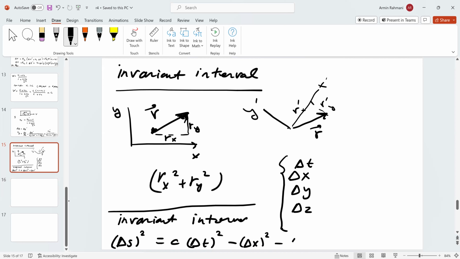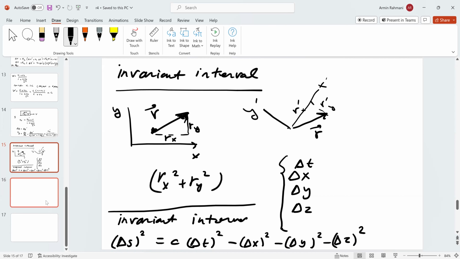You can also subtract delta y and delta z. If we perform a Lorentz transformation on this quantity, we're going to get delta t prime, delta x prime, delta y prime, delta z prime. But that combination is independent of the transformation. So that gives the notion of length in space-time.